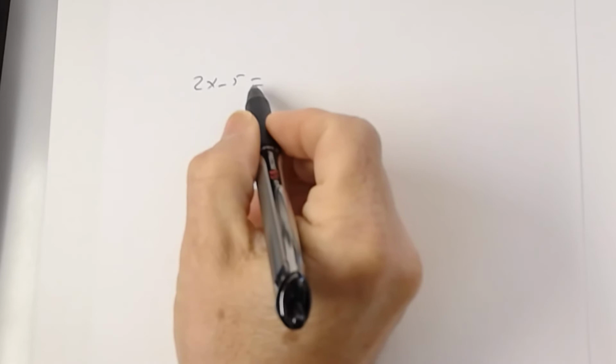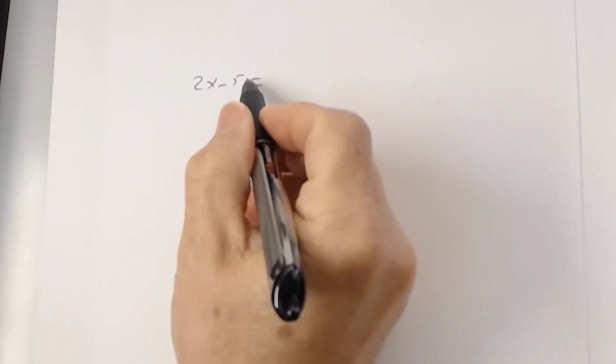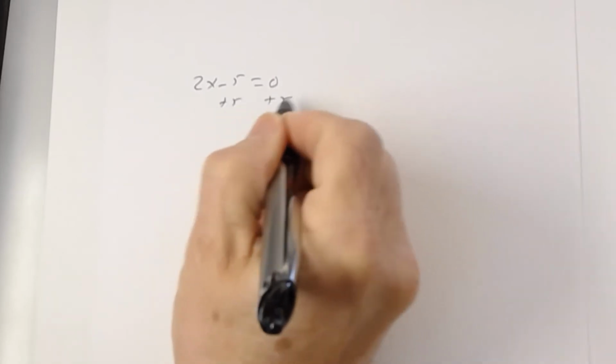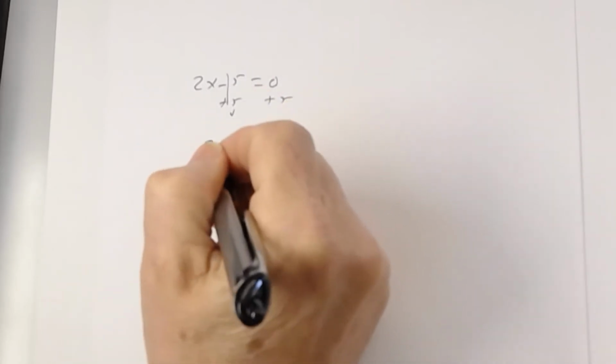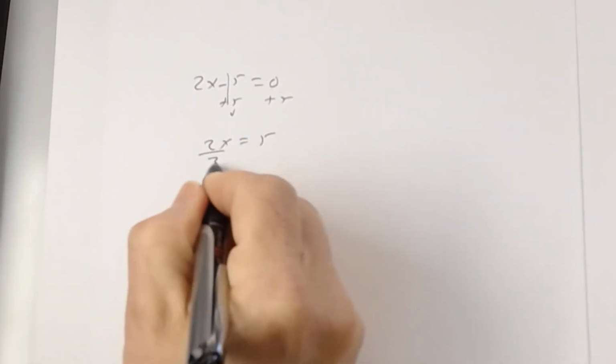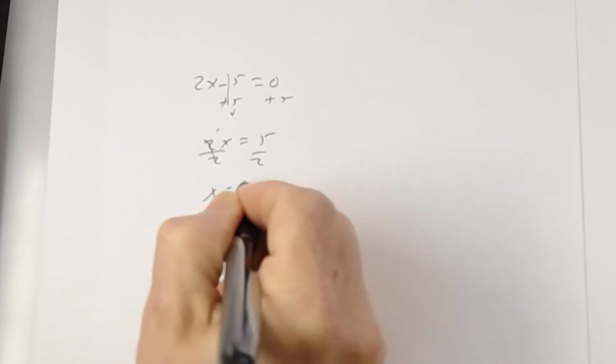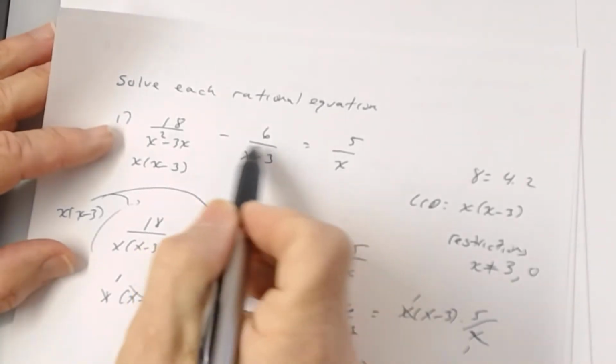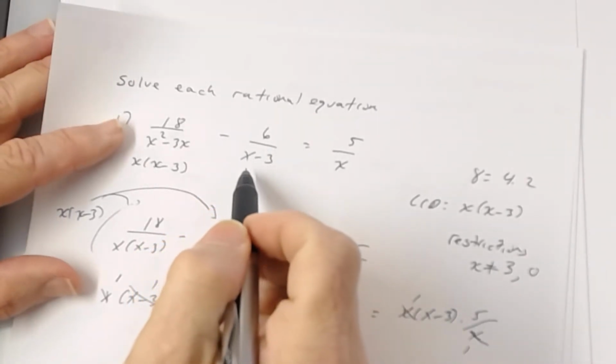No, because my denominator could have been 2x minus 5. What would you have to do here? Set equal to 0 to find your restrictions. So then you add 5 to both sides, then combine like terms, 2x equals 5, divide by 2, so x is 5/2. So that's your restriction. So basically what you're doing is you're taking this denominator and setting it equal to 0.